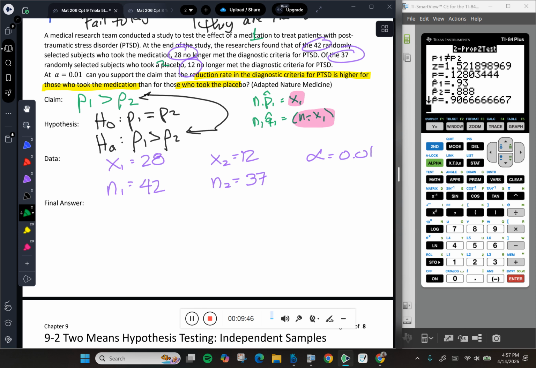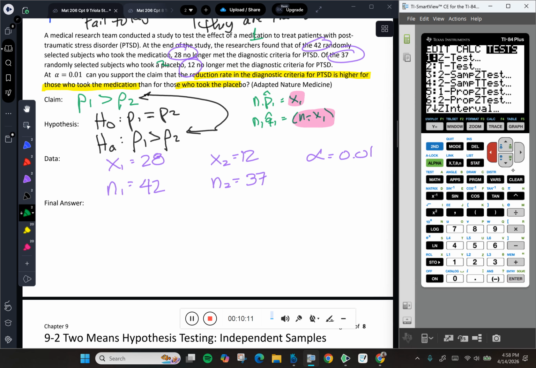In sample 2, x2 is 12, bigger than 5, and 37 minus 12 is 25, also bigger than 5. I didn't worry about that in some of the previous problems simply because the data was so big. Here I was slightly worried, so I checked it. I feel good about it. Now I can run the test.